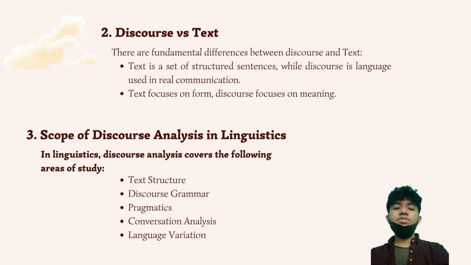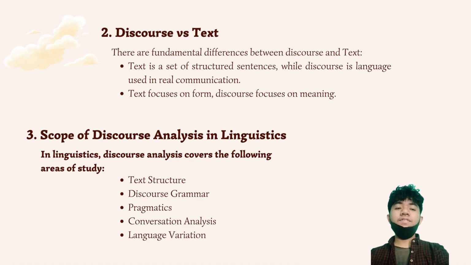Text focuses on form and language structure; discourse focuses on function, meaning, and social interaction. Text is static, fixed, and only written; discourse is dynamic, alive, interactive, and changes according to the situation. Example of text: a list of random sentences that are grammatically correct but unrelated in meaning. Example of discourse: conversations, letters, news articles, or dialogues that serve a specific purpose.